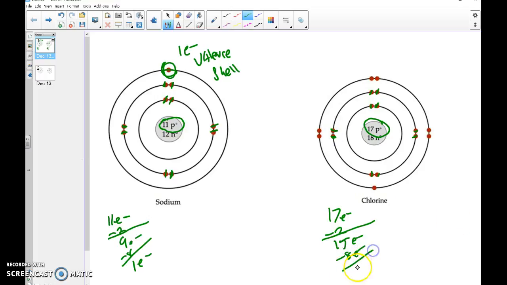That leaves me with 7. And so that means that there is 7 electrons in the valence shell, because the valence shell is the outermost shell.